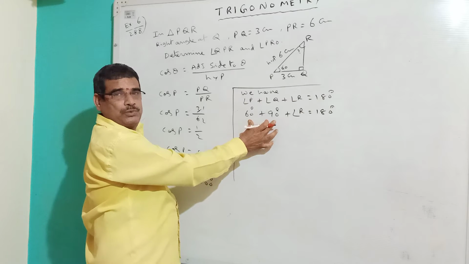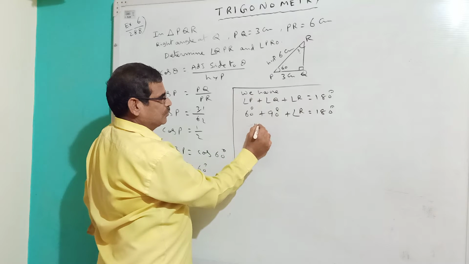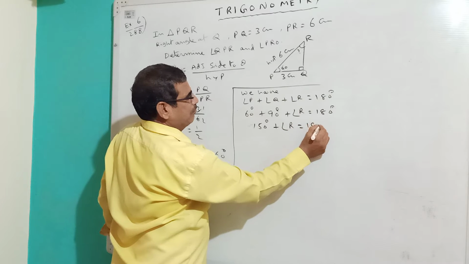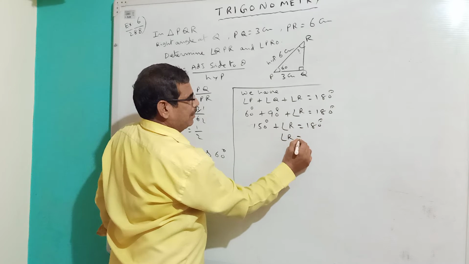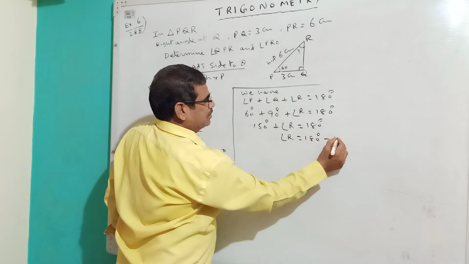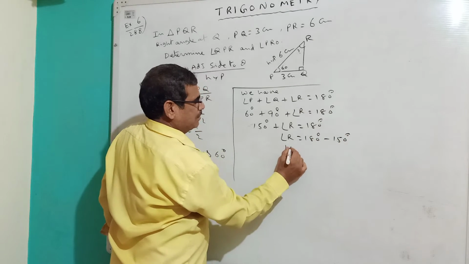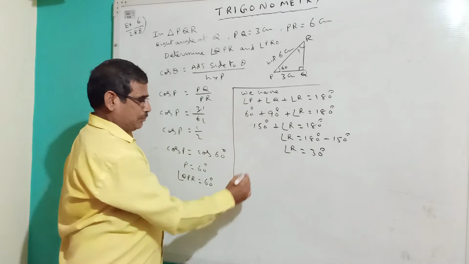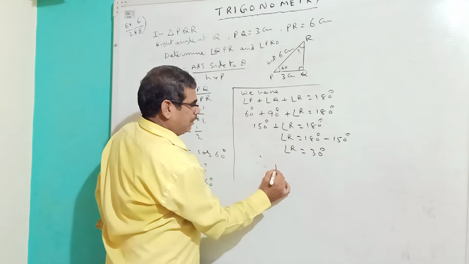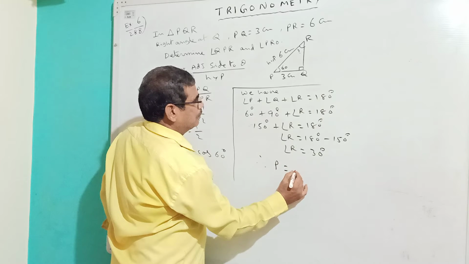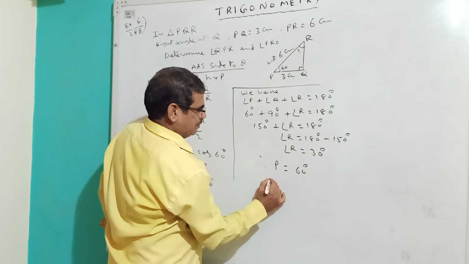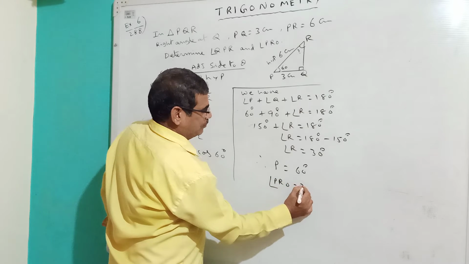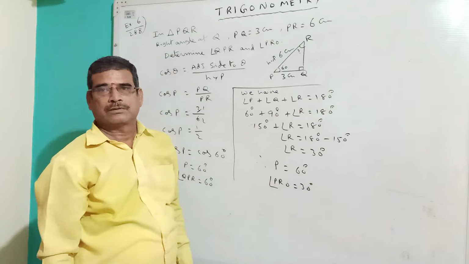By adding these two, 150 will come. 150 degrees plus angle R is equal to 180 degrees. Angle R is equal to 180 degrees minus 150 degrees. Angle R is equal to 30 degrees. Therefore, angle P is equal to 60 degrees. Angle R, that means PRQ, is equal to 30 degrees. Okay.